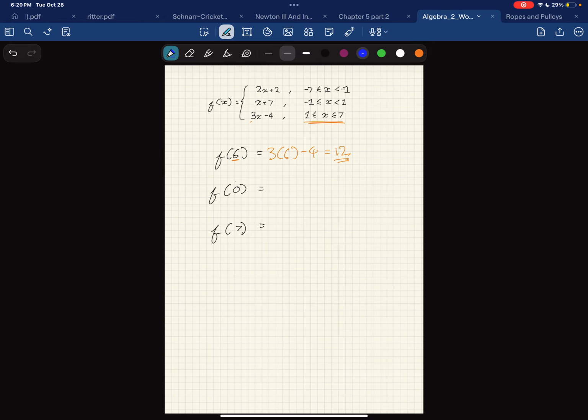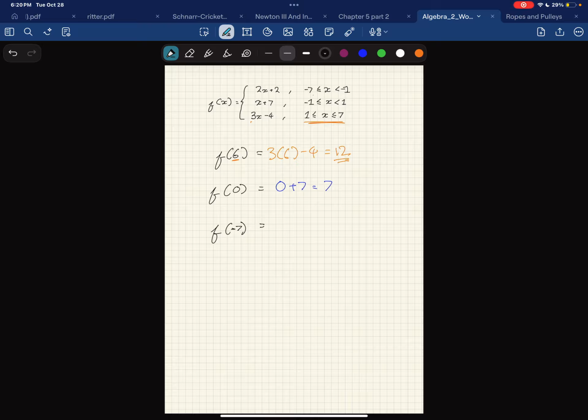And then f of 0. Where does 0 exist? It exists between these two here, -1 and +1. So my function is just going to be 0 plus 7. I'm subbing the 0 for x. It's going to be 7. Then, let's make this -7 so we can use the other function.